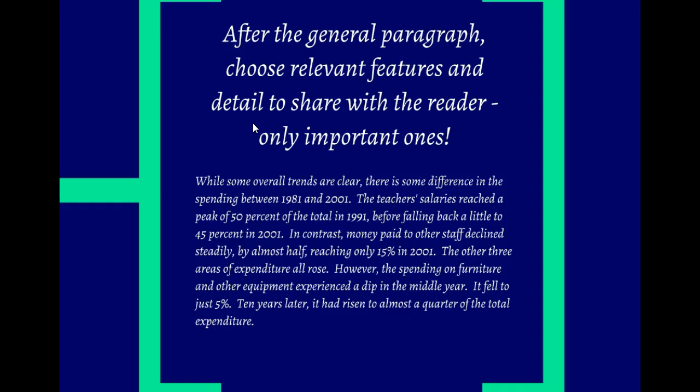While some overall trends are clear, there is some difference in the spending between 1981 and 2001. The teachers' salaries reached a peak of 50% of the total in 1991 before falling back a little to 45% in 2001. In contrast, money paid to other staff declined steadily by almost half, reaching only 15% in 2001. The other 3 areas of expenditure all rose.